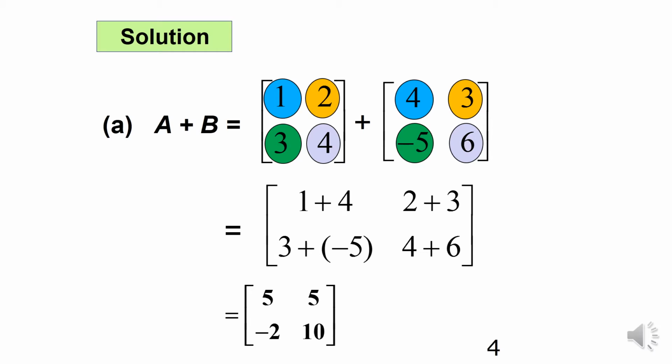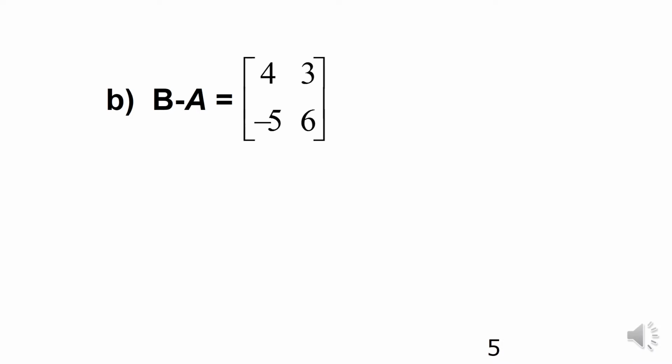Okay, let's look at part b. We have matrix B minus matrix A. So for matrix B, just rewrite 4, 3, negative 5, 6 minus matrix A, 1, 2, 3, 4. Check the elements.